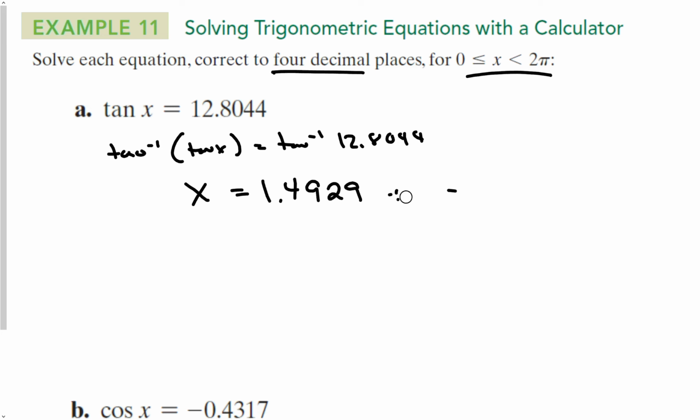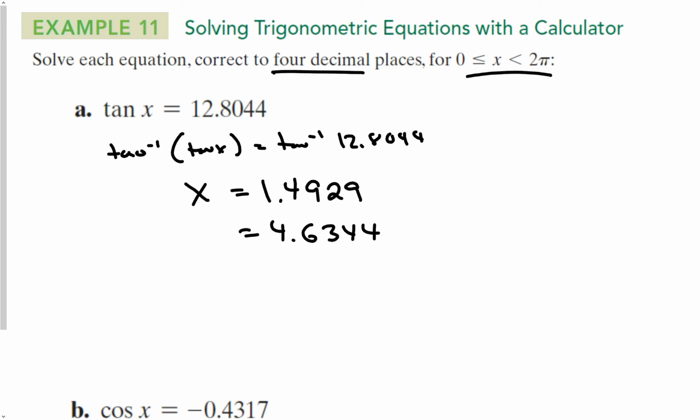So my answer is 1.4929, and also 4.6344, which is 1.49 plus 3.14, pi as a decimal.